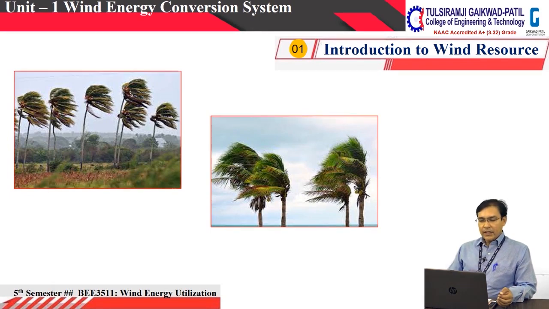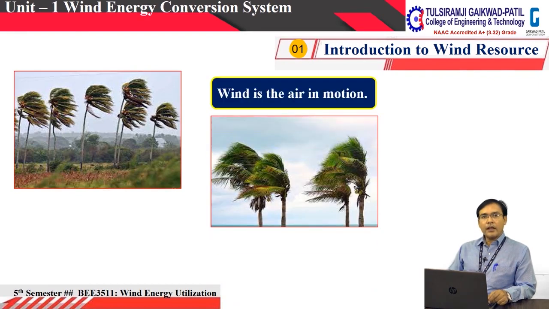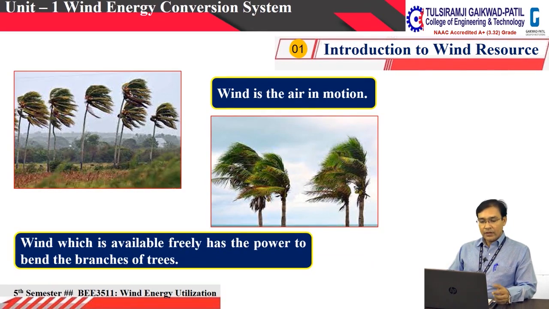Wind is nothing but the air in motion, and this air in motion has power which can even bend the branches of a tree, which you can see in these two pictures. In the first picture you can see that the bend is towards the right, and in the second picture you can see that the bend is towards the left.